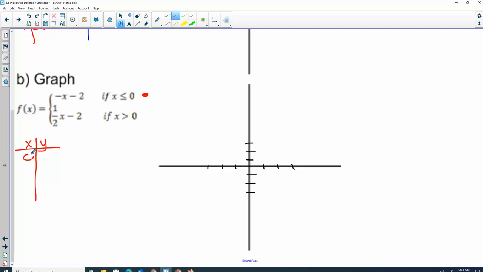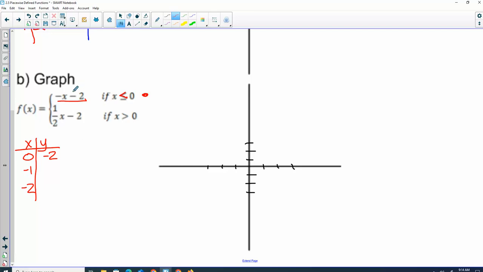It has an equal to, so it will be a closed circle. And then I need things less than 0, so numbers smaller than 0. I'm plugging them into this function. So the opposite of x, opposite of 0 is still 0, minus 2 is negative 2.